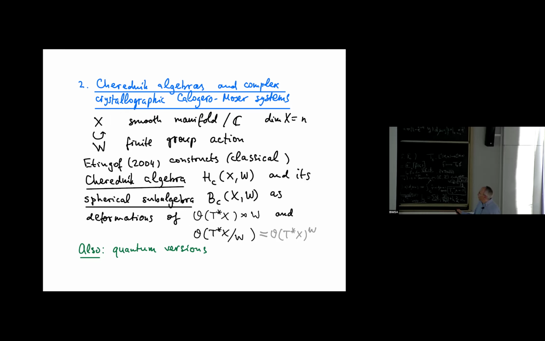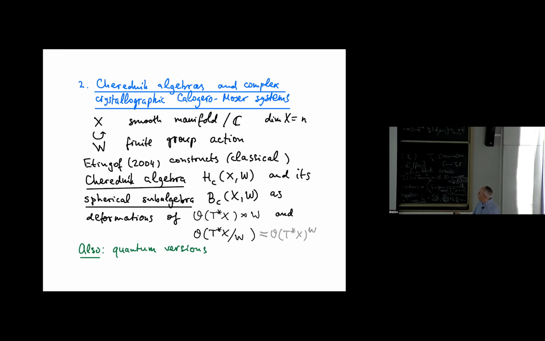Suppose you have a finite group W acting on a smooth complex manifold X of dimension n. Then he constructed a Cherednik algebra H for such a pair as a deformation of the following sheaf of algebras. You take the structure sheaf of the cotangent bundle to X and then the cross product with the group W, and this has a deformation with maybe several parameters.